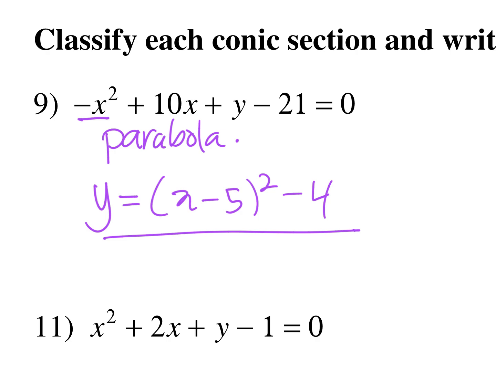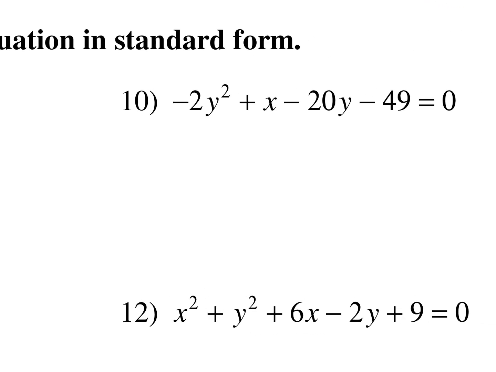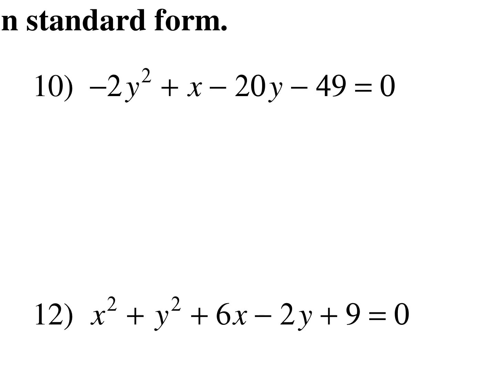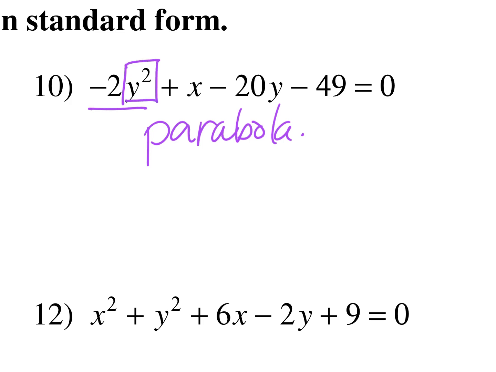Okay, number 10. Let's look at number 10. I can see only one variable is being squared in here. So this is going to give you a parabola again. Since the y is being squared in here, then we're going to have x is equal to (2y plus 5) squared minus 1.